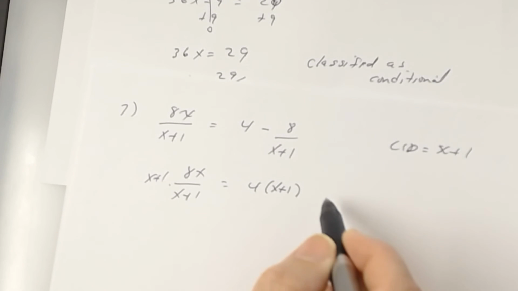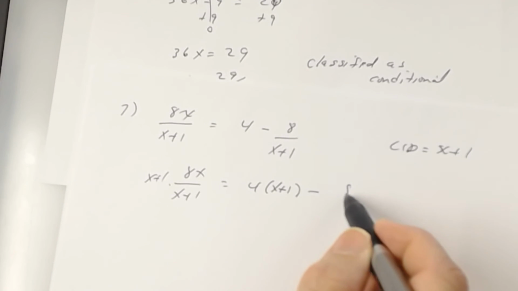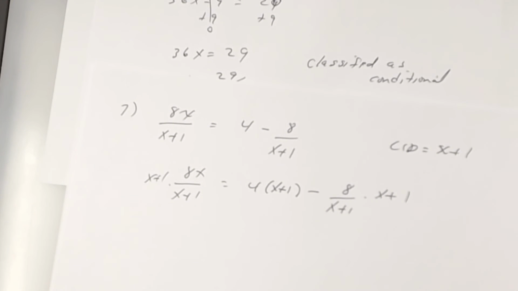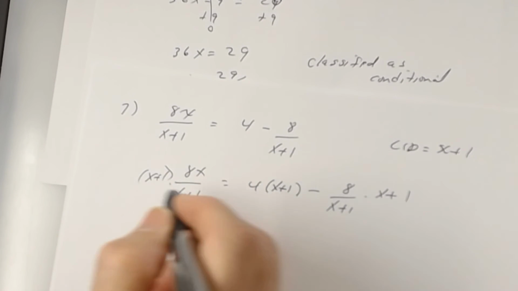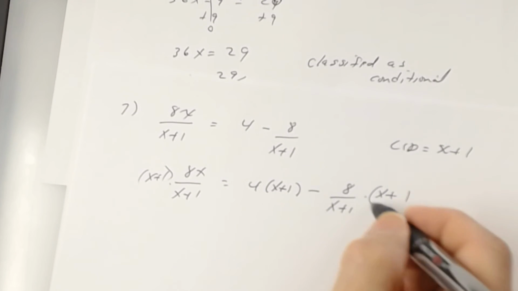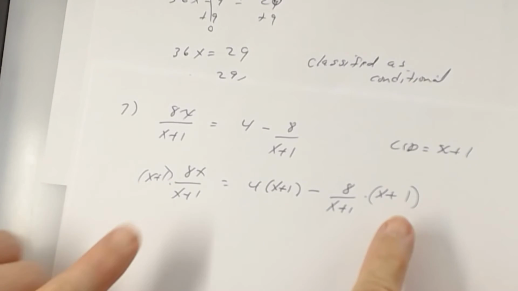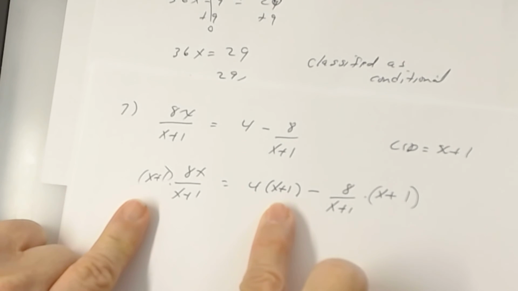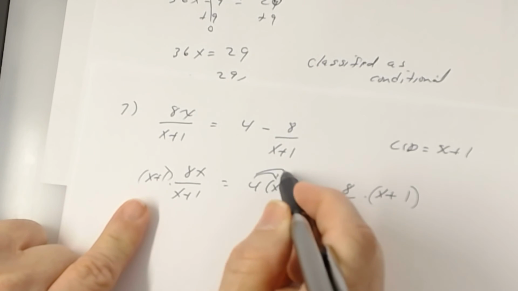Minus, and then the third fraction times the LCD. If you want to put all those in parentheses like I did the x plus 1 over here, you can. Those that I'm pointing to are not necessary. This one is necessary because you have to distribute the 4 over here.